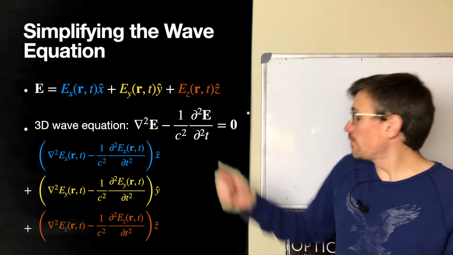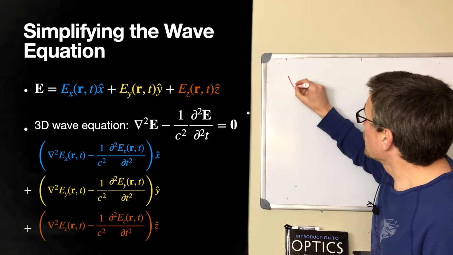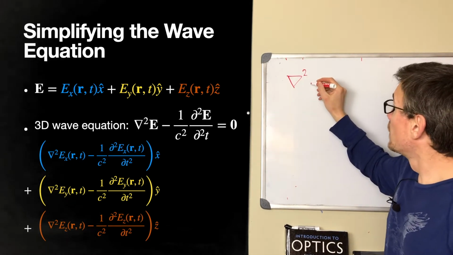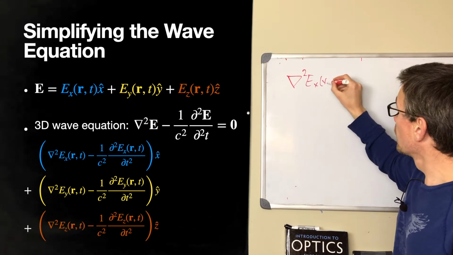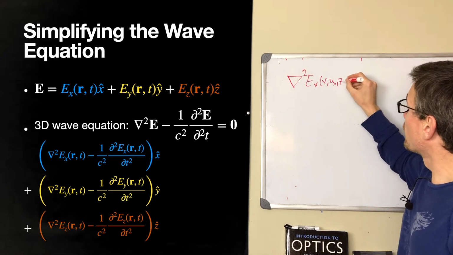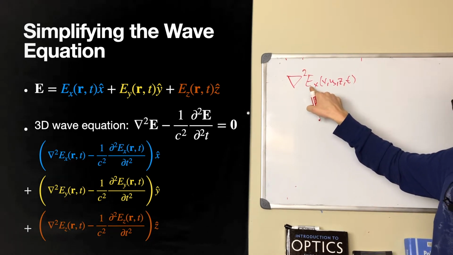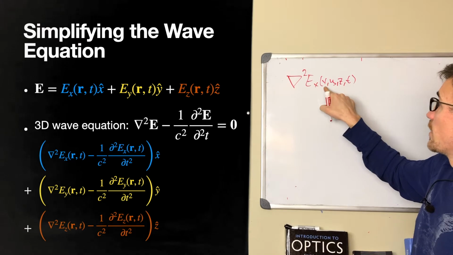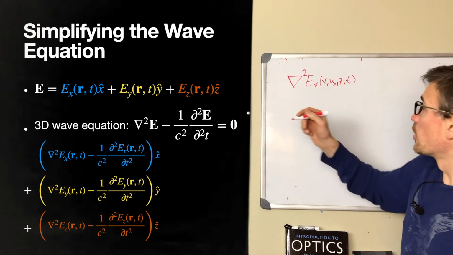And we have the Laplacian for each one of these components. So Ex, for example, is a scalar function, but a vector-valued function, right? Its value itself is a number, not a vector. So we have to give it x, y, and z at a given time, and it's going to give us a number, not a vector.